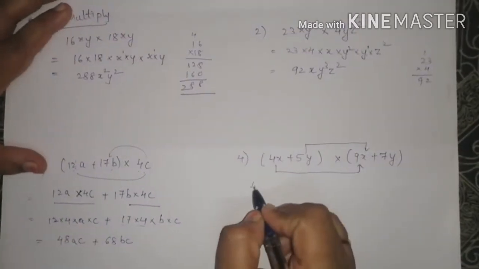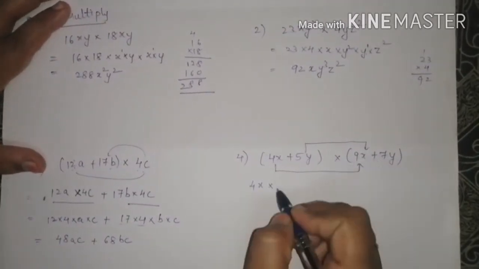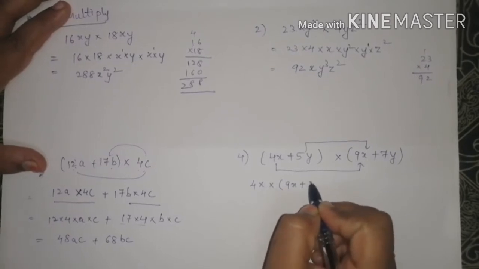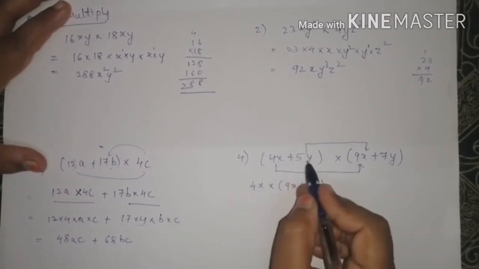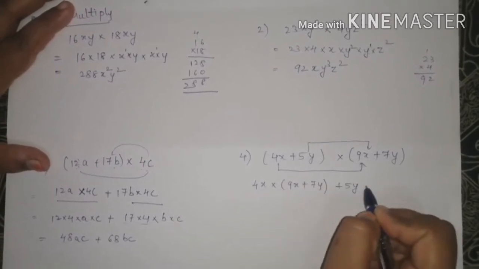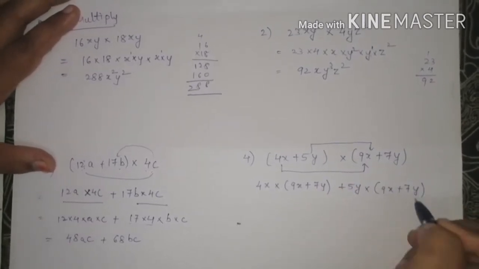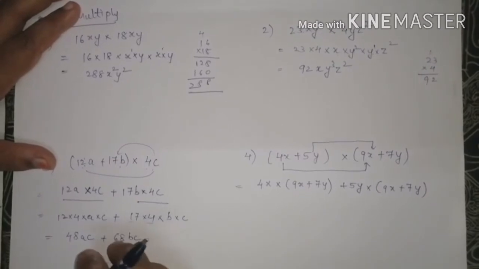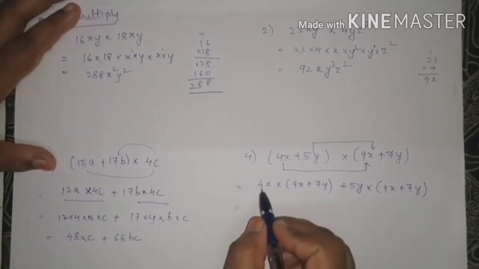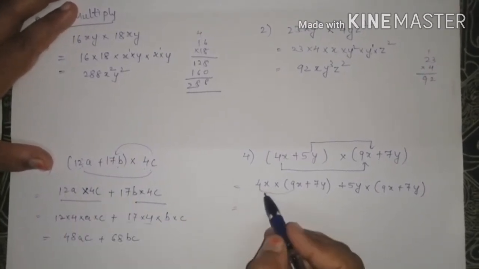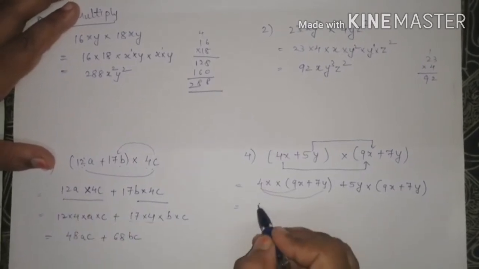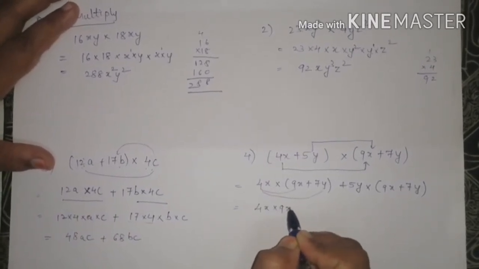So this is our first step. 4x multiply 9x plus 7y, plus 5y multiply again this whole bracket, 9x plus 7y. This is your first step. Now 4x multiply by 9x, 4x multiply by 7y.